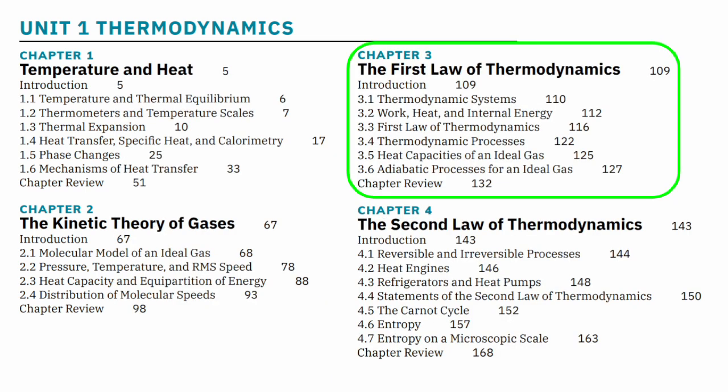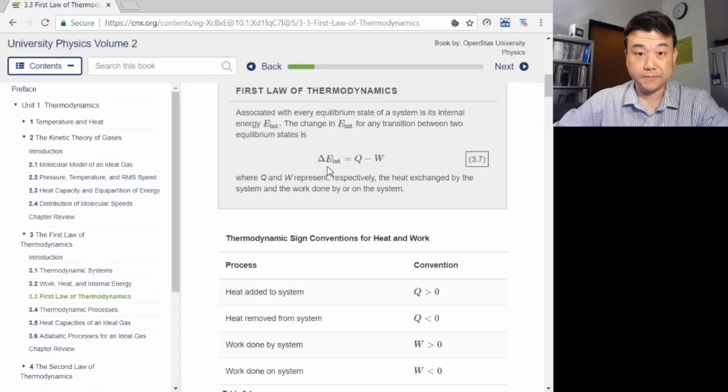Thermodynamics started with chapter 3 when we looked at the mechanics involved in thermodynamic processes through the first law of thermodynamics. The first law of thermodynamics relates three key quantities involved in any thermodynamic process: the change of internal energy, heat transfer, and work done by the system.